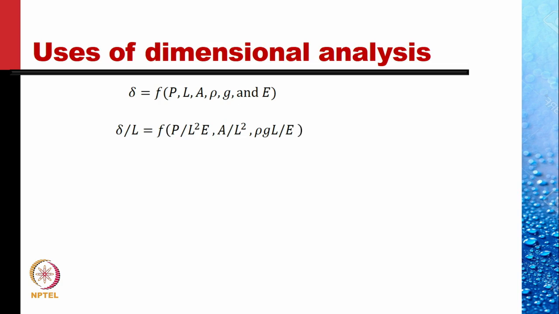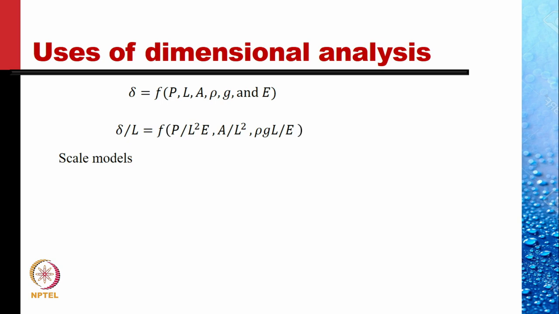The functional relationship between delta and the 6 independent parameters has now changed into a functional relationship between delta by L and 3 independent groups of non-dimensional parameters. This decrease from 6 to 3 represents a substantial advantage to the researcher, to the person solving the problem.